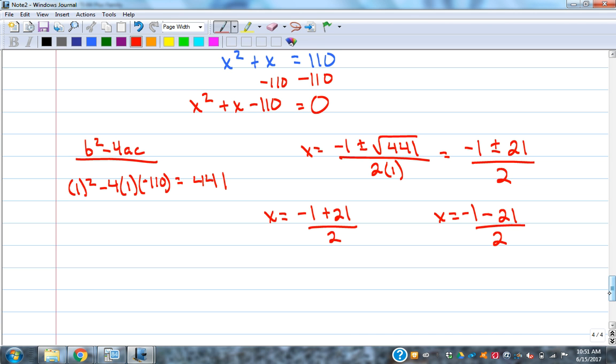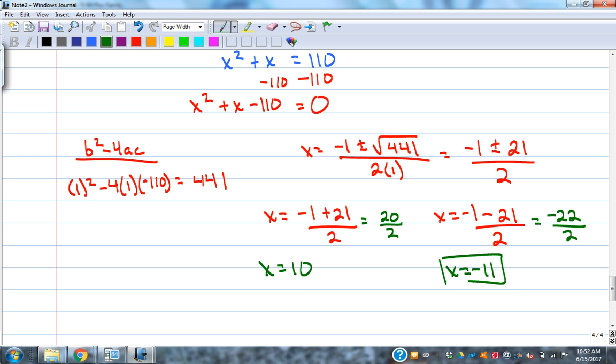I'm not talking about a poster board or a piece of land or any kind of real world situation. I'm talking about integers, positive and negative numbers. So it's okay to have a negative answer in this one. So one of the numbers would be 20 divided by 2, which is x equals 10. And this one would be -22 over 2, which is x equals -11.